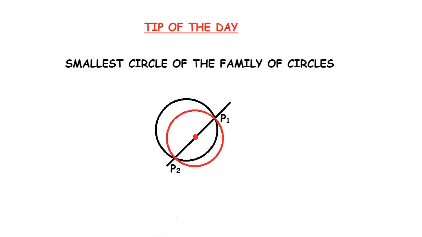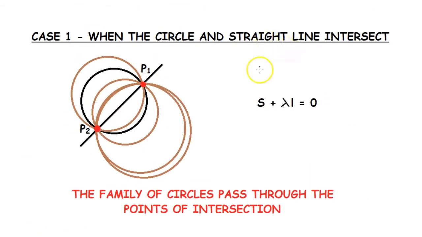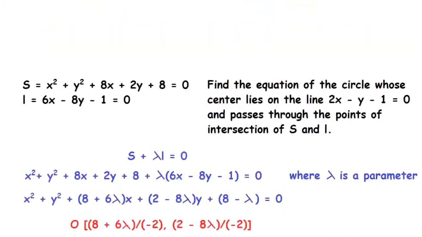Now for the tip of the day. In our first case, we saw that when the circle and straight line intersect each other, the family of circles also pass through the same points of intersection. A very common question that is asked is to find the smallest circle passing through the points of intersection. In this case, we don't have any direct data about the circle such as the one given in this example.